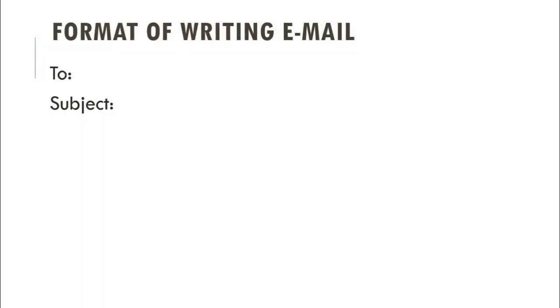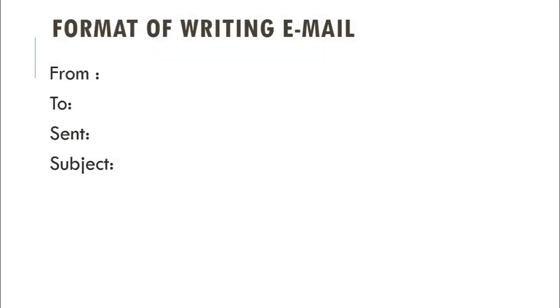So, what will be the format of an email? Dear students, please be sincere about the format of an email. You can write an email with to and subject, and also from to sent subject.